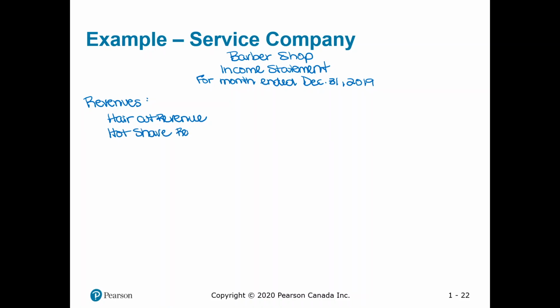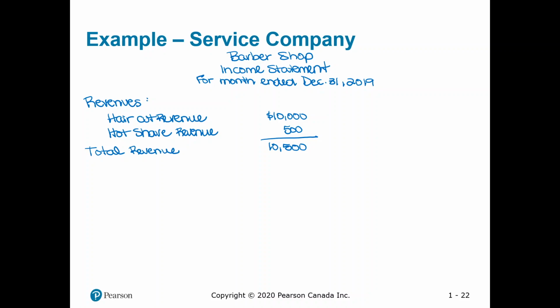So a man goes in and gets his beard a nice hot shave. We'll say we had $10,000 of haircut revenue and $500 of hot shave revenue. So here, since we've got 2 types of revenue, we need to show that subtotal. So our total revenue for this month is $10,500.